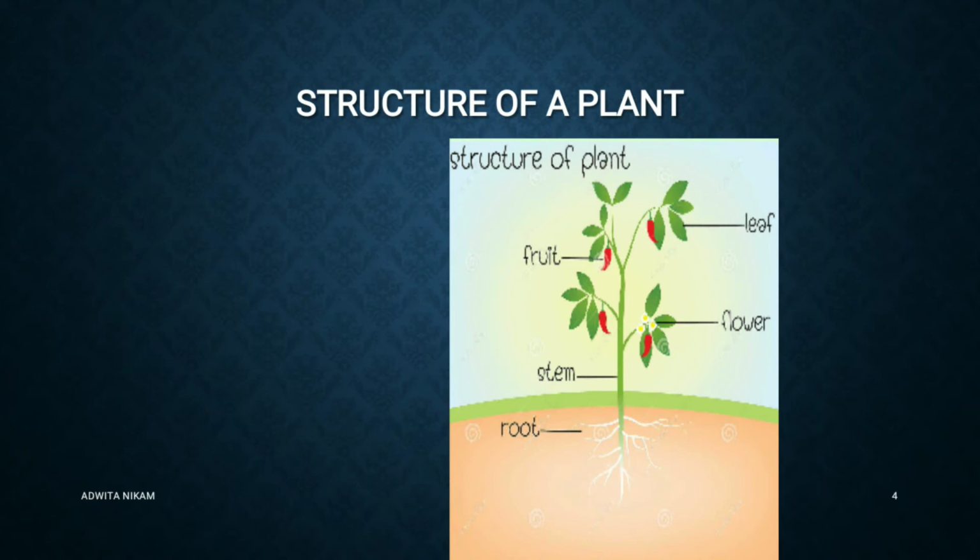So first we are going to learn the flower because it's the most attractive part of a plant. This is connected to a stem by a stalk. I'll just show you. This is a stem and this is a stalk.